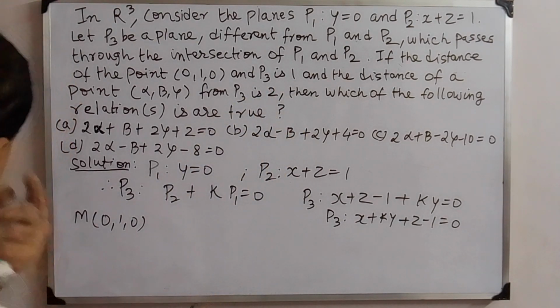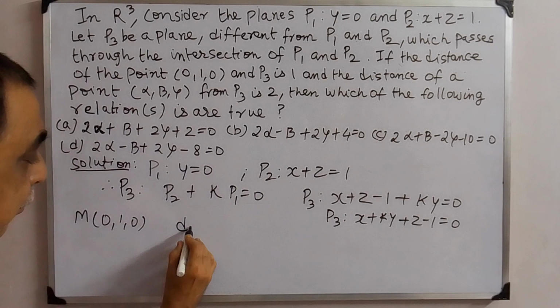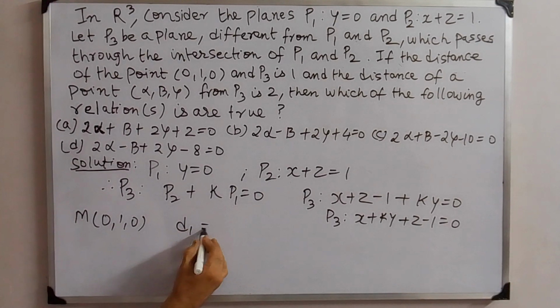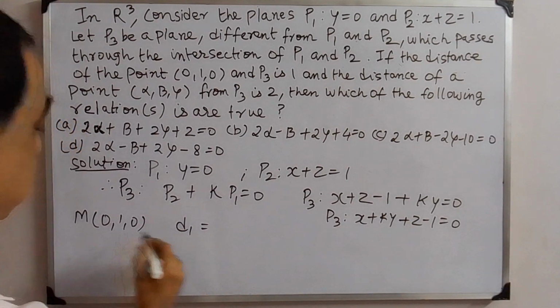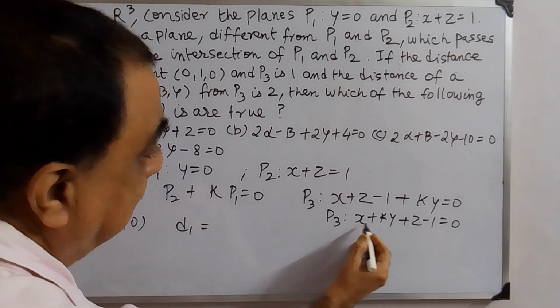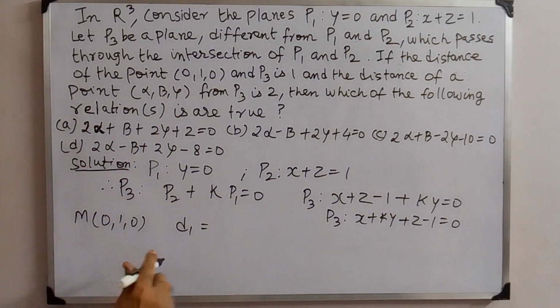So now what is the distance? Suppose that distance from M to P3 I am representing by D1. How do we find it? We put in place of x, y and z these coordinates.